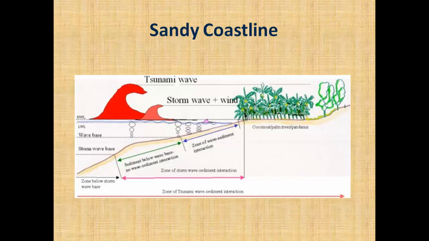It's a soft coastline, unconsolidated material. The sand comes from rivers, and material that erodes from headlands that gets transported along the coast. It's also material, broken coral and shells, that comes from offshore and gets transported onshore.